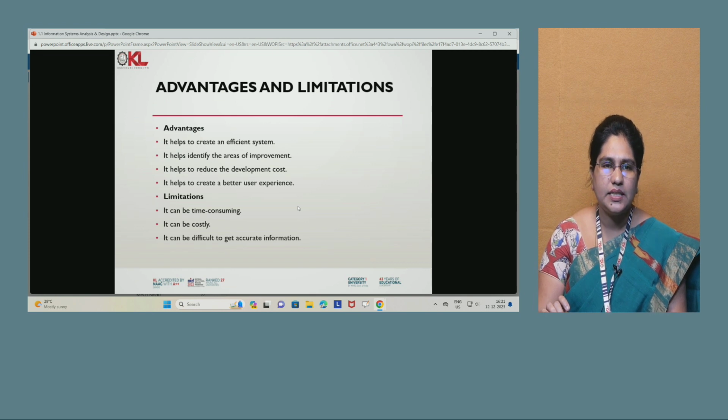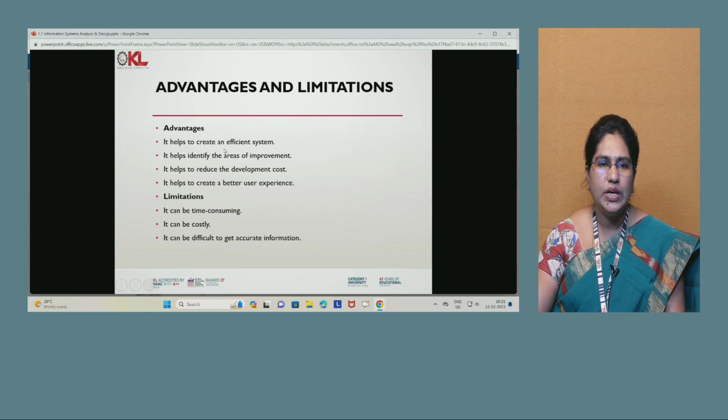These are the characteristics involved in system design. System design also has some advantages and limitations, so we are going to discuss those now. First, it creates an efficient system and identifies the areas of improvement. It reduces the development cost, and it creates a better user experience.